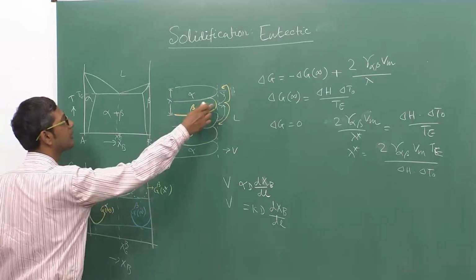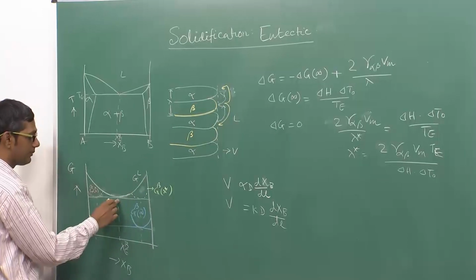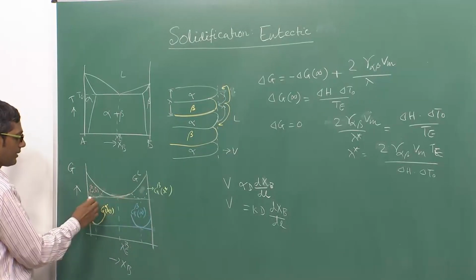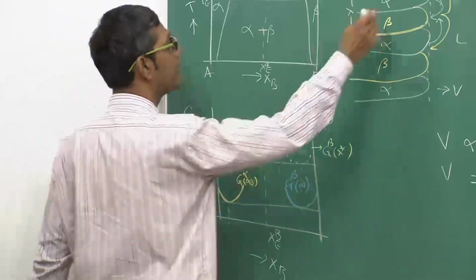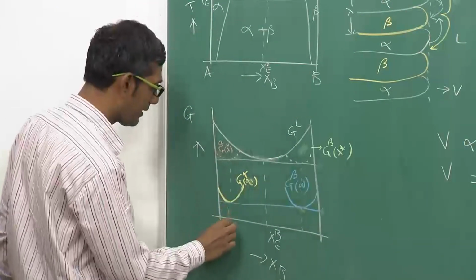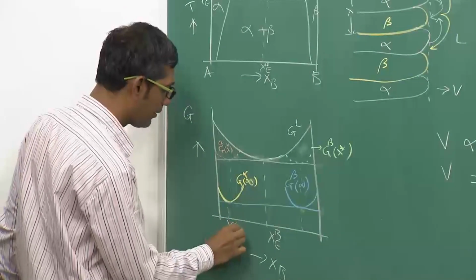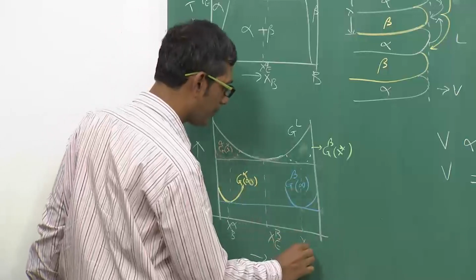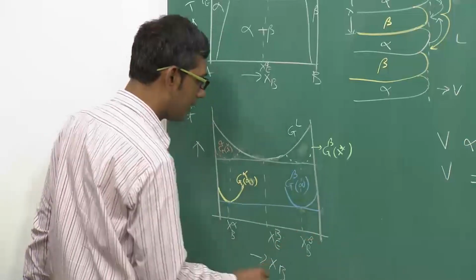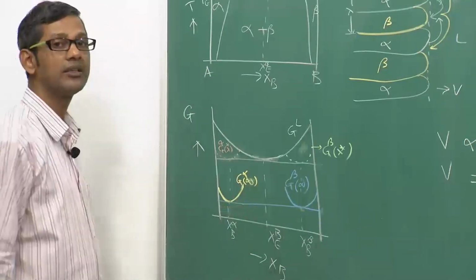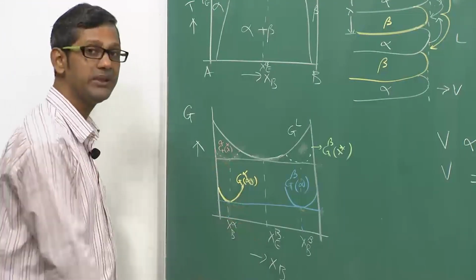Similarly, the interfacial composition at the tip of beta is xBe, because this is the common tangent. Therefore the solid composition is xB alpha. Similarly, the solid composition is xB beta. This is in equilibrium with the composition of the liquid given by xBe.